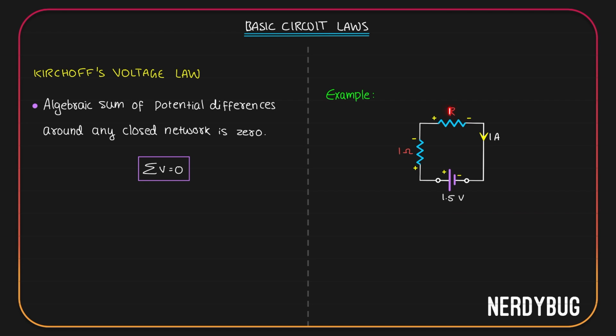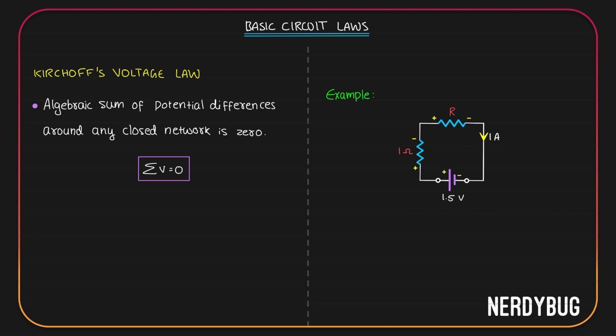For example, in the resistance R, current is flowing in this direction. Current always flows from the positive polarity to the negative polarity. So we should have positive polarity here and negative here. Similarly, for the 1 ohm resistor, current is flowing from here to here. So here we should have positive polarity, here we should have negative polarity.